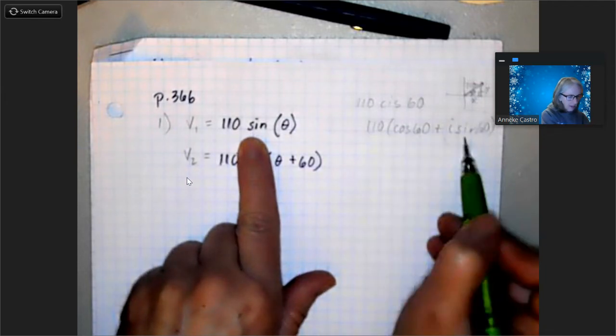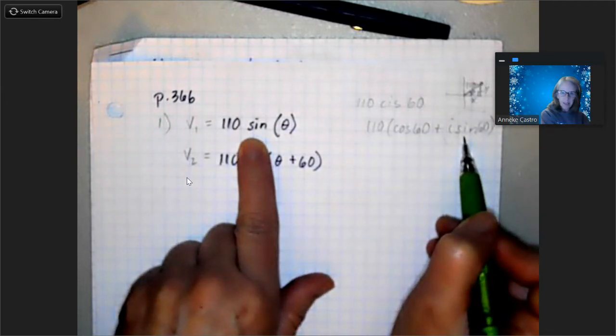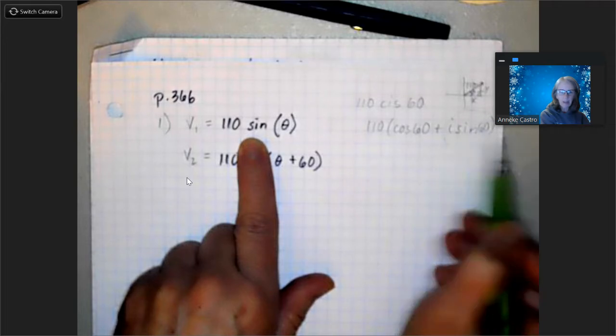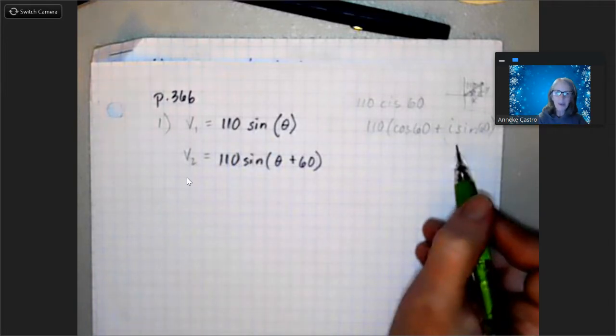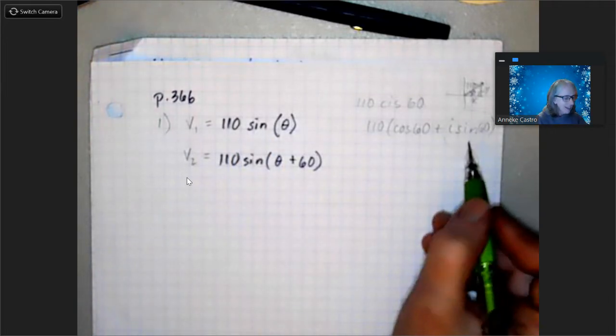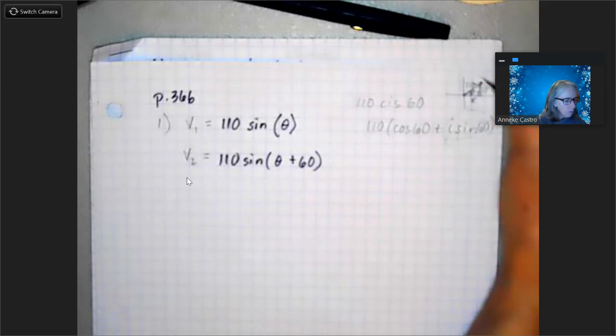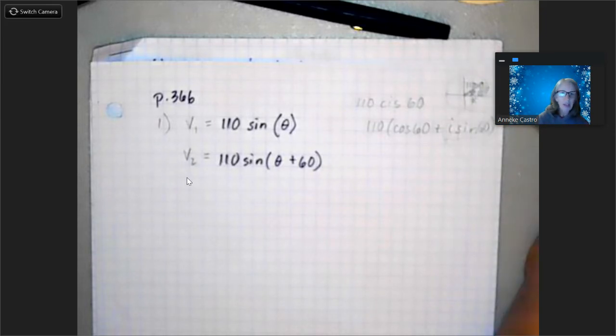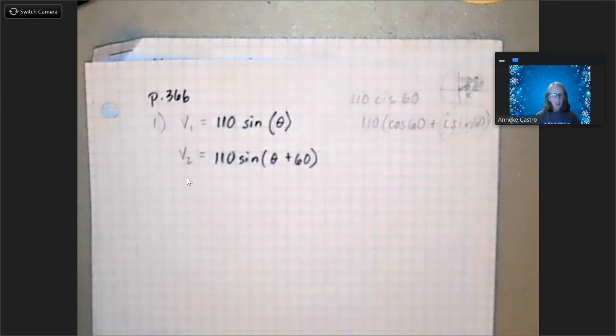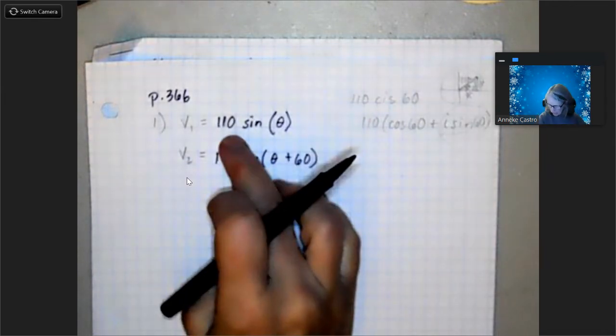It's 110 times the imaginary part, minus the i. So anyway, I digress. We don't even need to go over that. But I had a dream about this, and it all became clear to me. It's like, oh, the sine function is just the imaginary part, because all we care about is the y value as we move our way around our unit circle. So anyway, I digress. Back to pen, because this is what we care about. So we want to know what is the combined voltage.